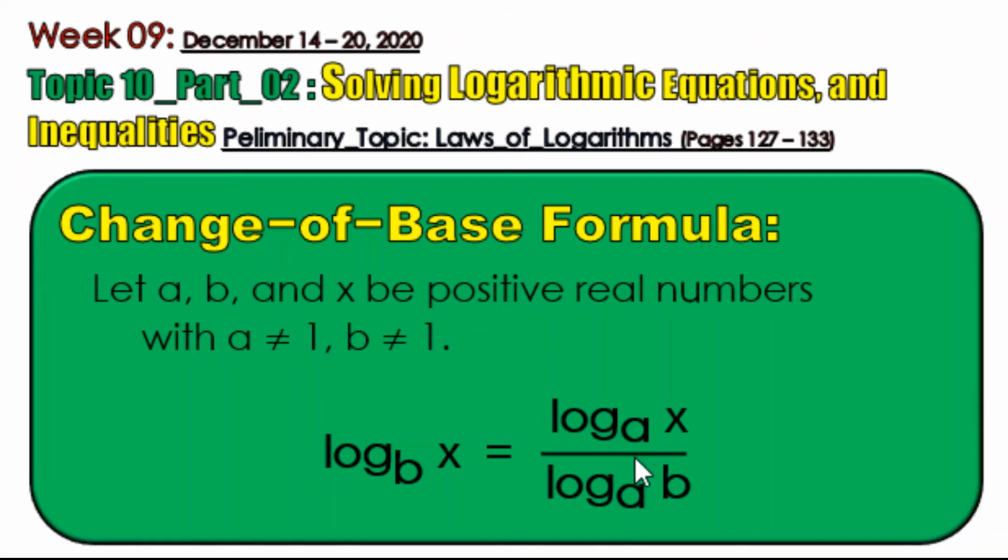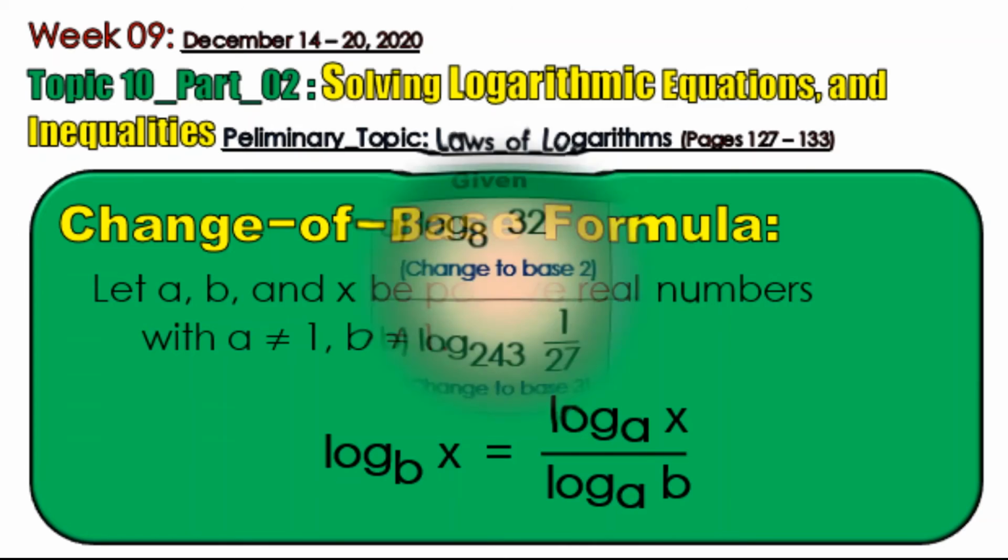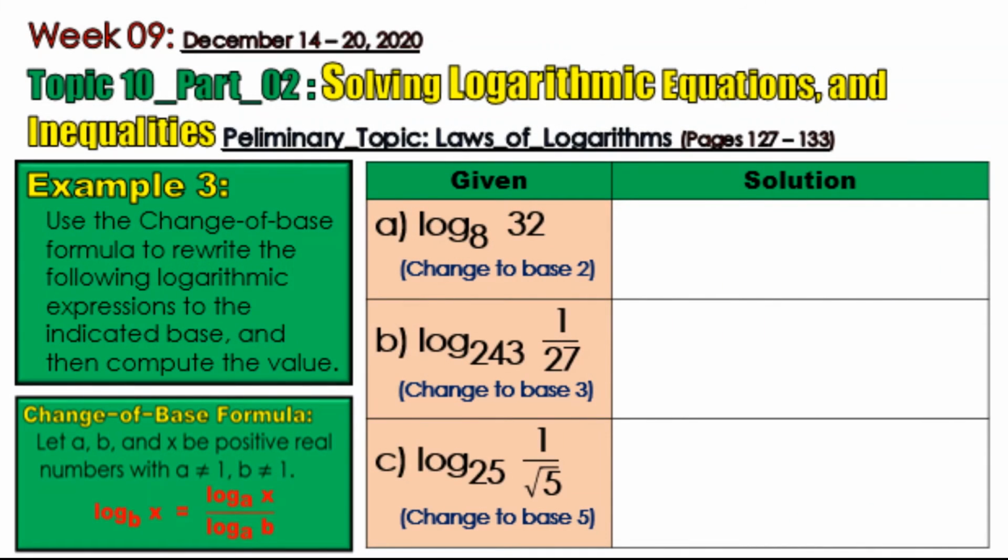To discuss further, we will be discussing some of the examples of this. Let us now discuss example number 3. Use the change of base formula to rewrite the following logarithmic expression to the indicated base and then compute the value.